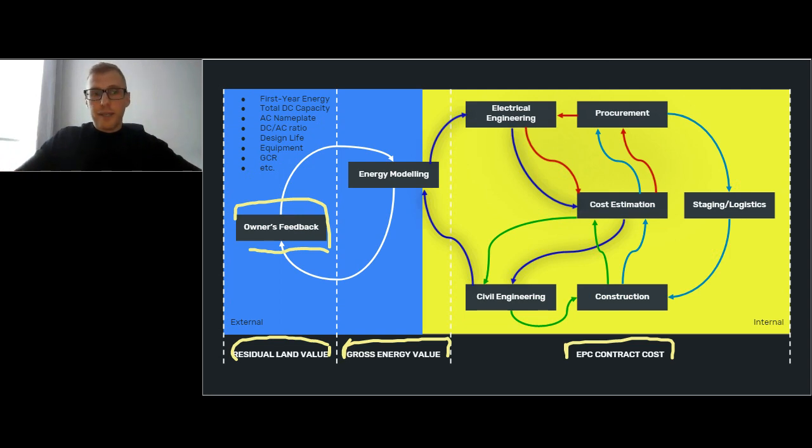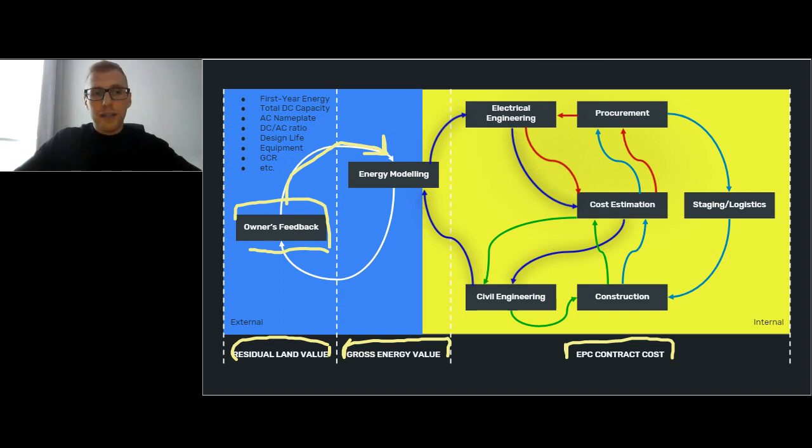So basically, the communication begins somewhere here when an RFP is sent to the EPC contractor. And typically there is someone from the EPC contractor side who is responsible for communication. In my case here, it's an energy modeling guy, or senior energy performance modeling engineer or manager, or whoever is responsible for that.